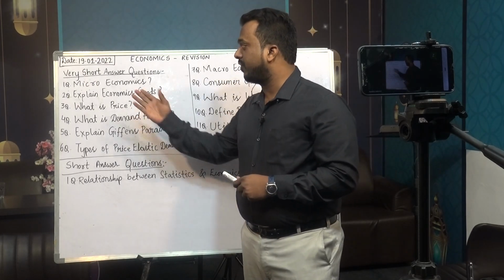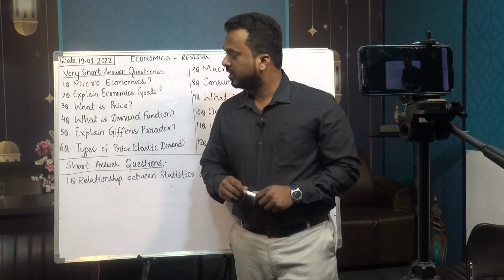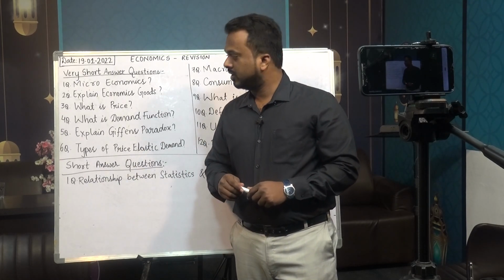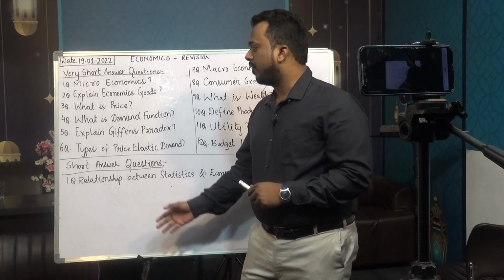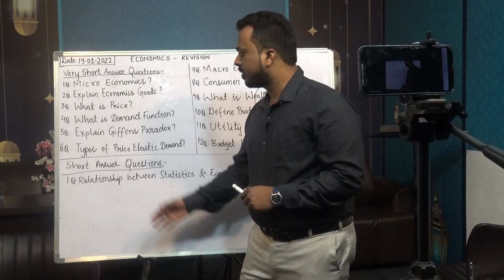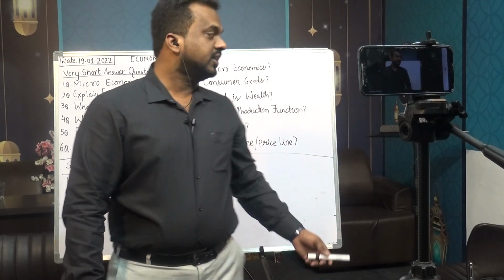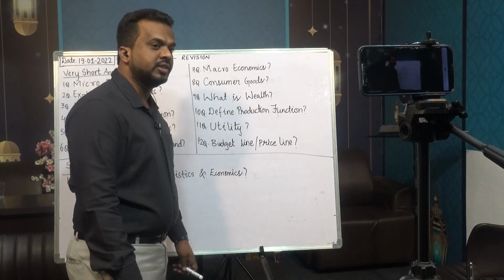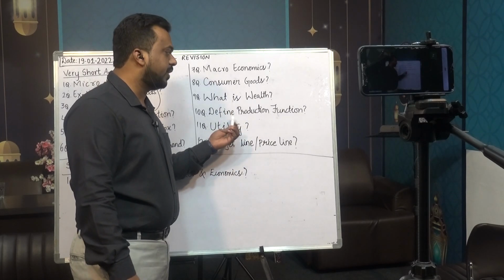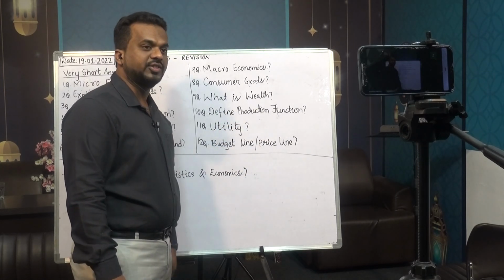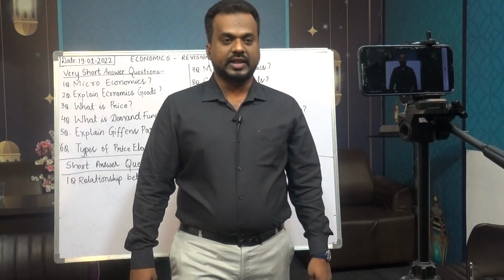So the first question is microeconomics, second is economic goods, third is what is price, fourth what is demand function, fifth explain Giffen paradox, sixth is types of price elasticity of demand, seventh one microeconomics, eighth is consumer goods, ninth is what is wealth, then define production function, 11th is what is utility, and 12th is budget line or price line.